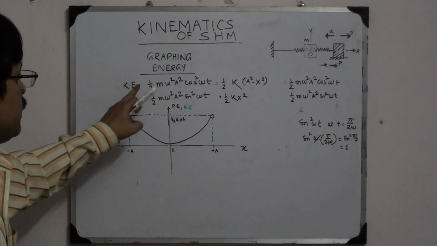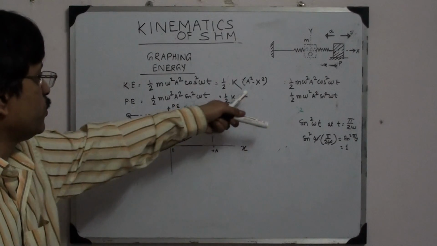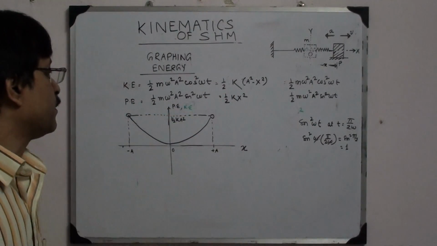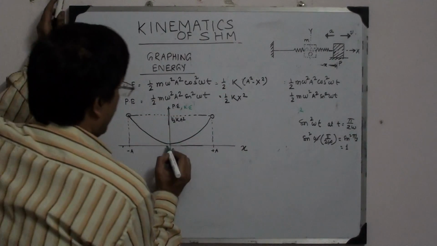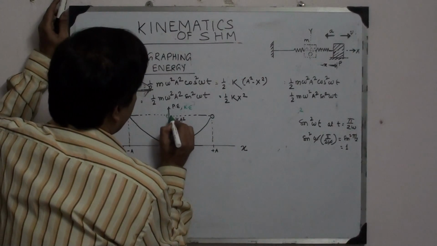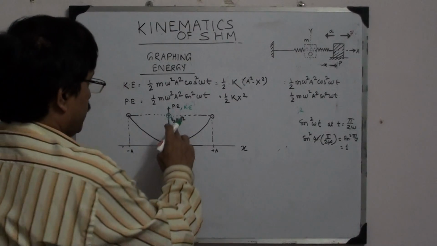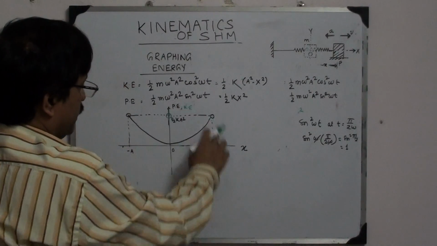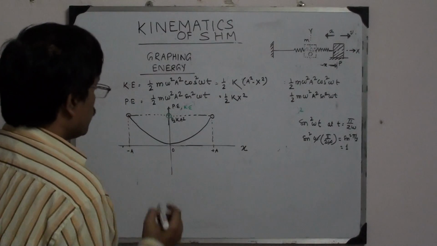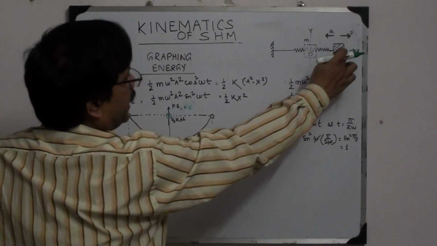Now what about the kinetic energy? At x is equal to 0, kinetic energy is maximum, half K A square. So at x is equal to 0, we give a plot for kinetic energy. The green ink and the green graph is with respect to kinetic energy. So what do we get at position A?